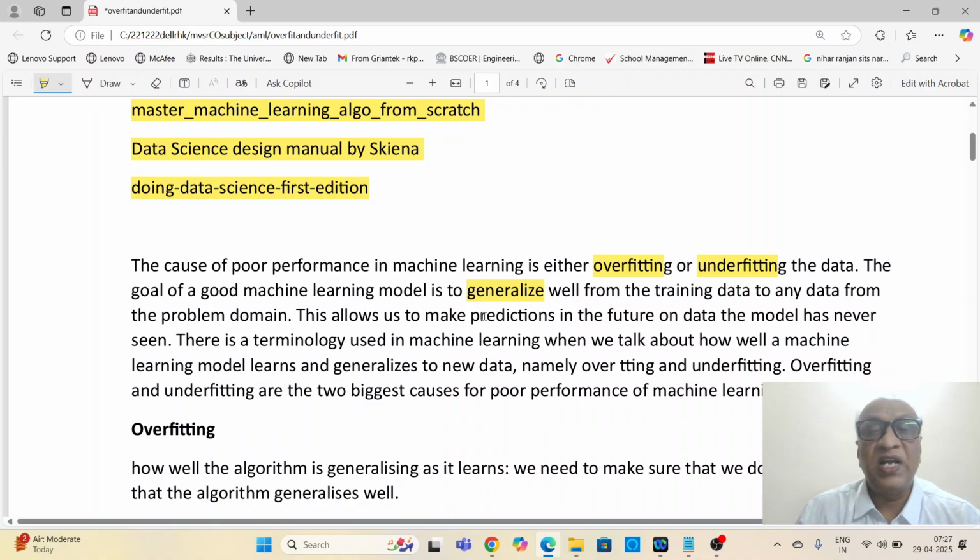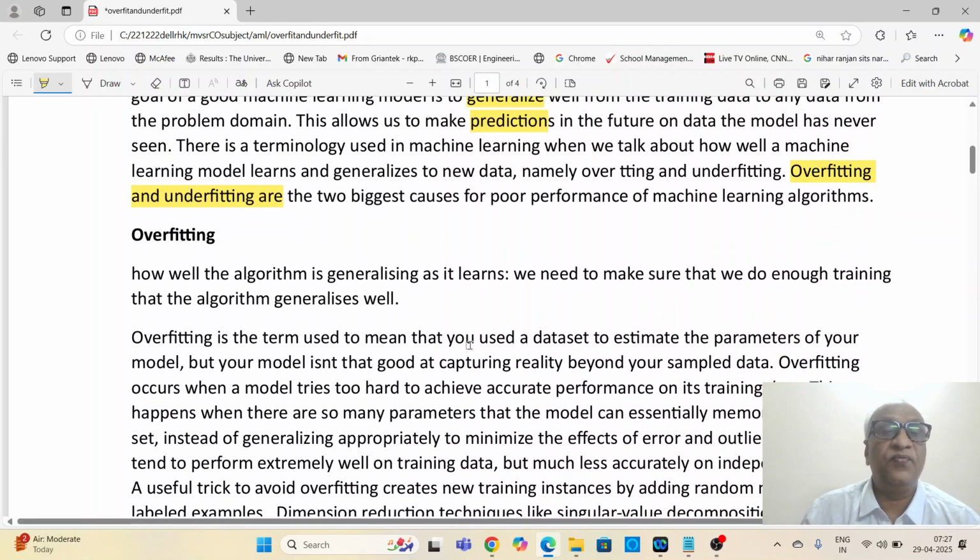So with this, better predictions on new data will occur. So we need to understand how overfitting and underfitting affect the performance of a machine learning algorithm, because these are the two major causes of poor performance of machine learning algorithms: overfitting and underfitting.